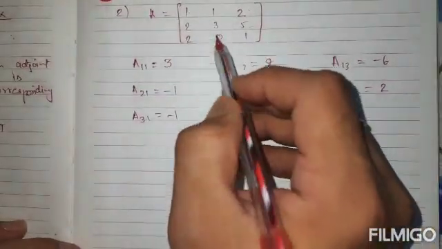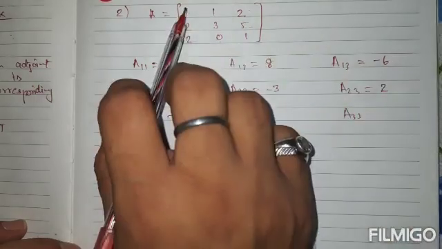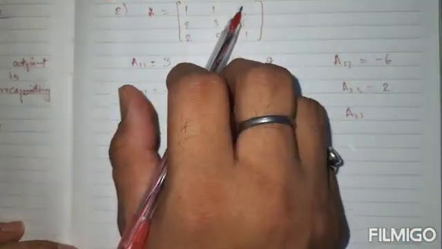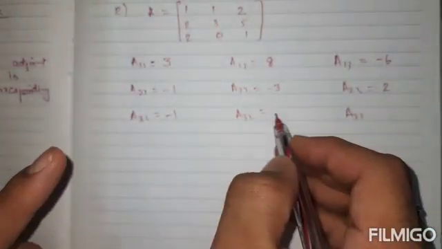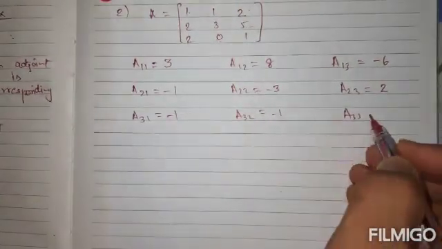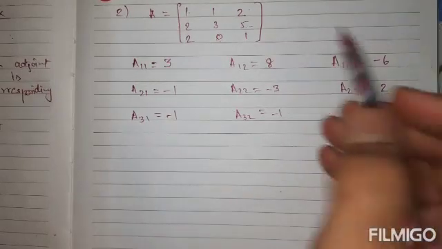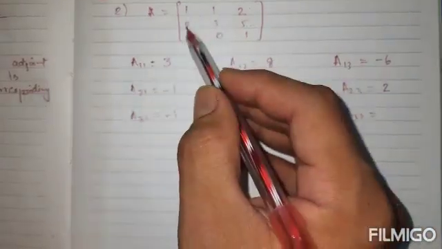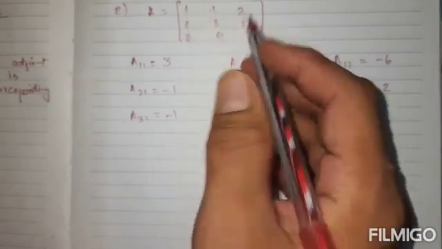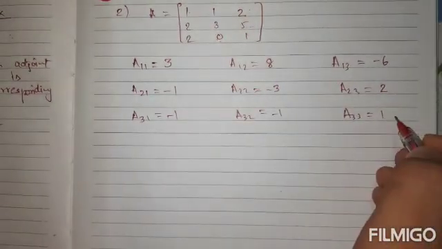Then A32: ignore these, so 1 into 5, 5 minus 2 into 2, 4, 5 minus 4 is 1, but odd position, so it becomes -1, change the sign. For the last element, 1 into 3, 3 minus 2 into 1, 2, 3 minus 2 is 1, and even position, no need to change the sign.